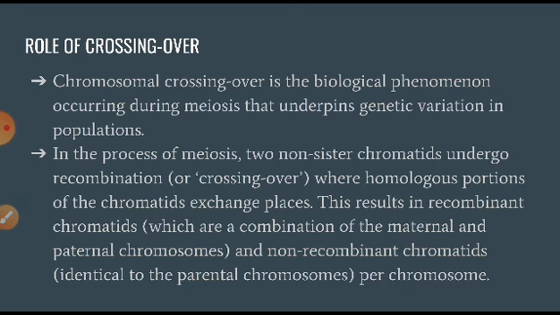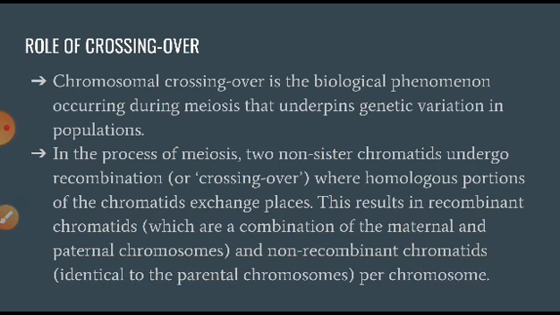So exactly, we should understand the role of the crossing over here. Chromosomal crossing over is the biological phenomenon occurring during meiosis that underpins genetic variation in the population. In the process of meiosis, two non-sister chromatids undergo recombination. Okay, they are the non-sister chromatids undergoing recombination. This is called crossing over, where homologous portions of the chromatids exchange places.